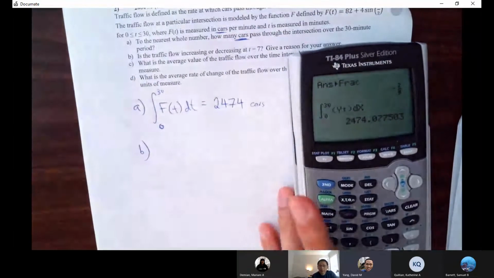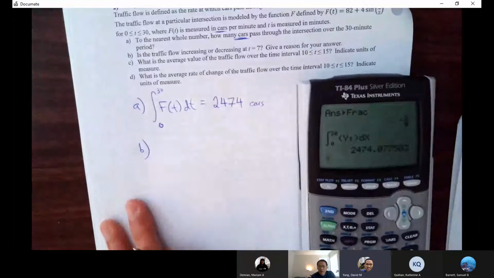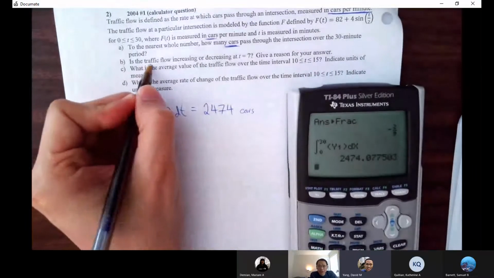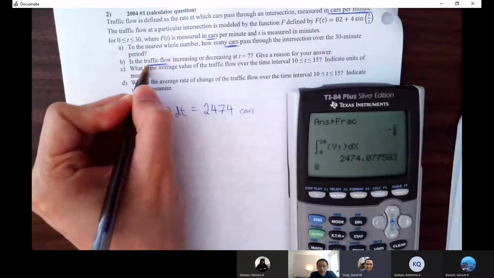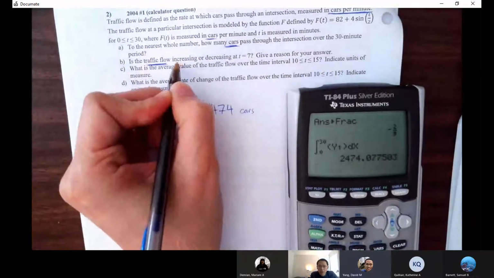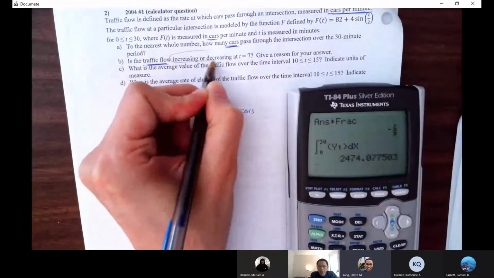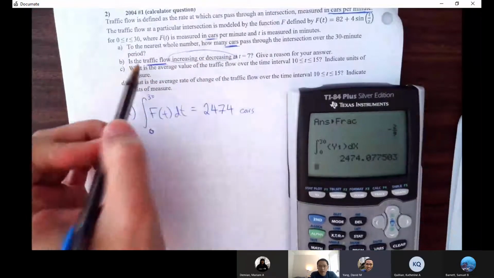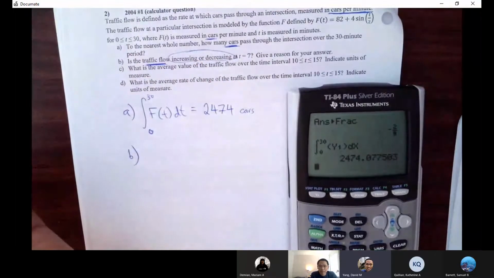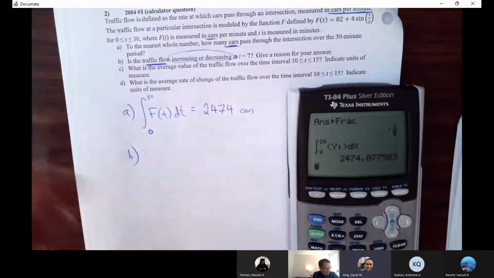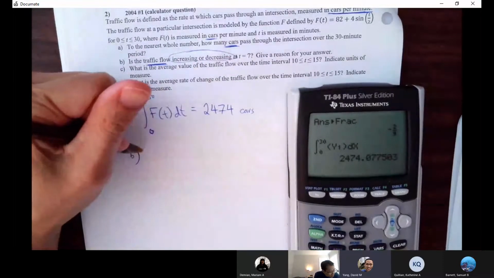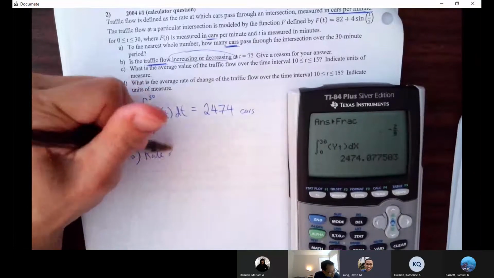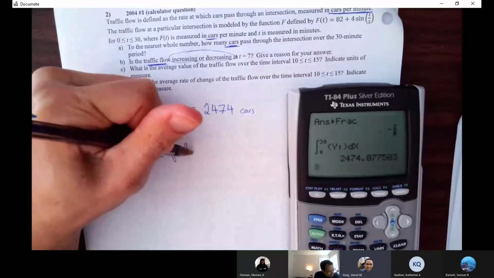Okay, part B, is the traffic flow increasing or decreasing at t equals 7? Traffic flow is cars per minute. We want to know the rate of change of the traffic flow, which means that we have to involve the derivative of f of t.